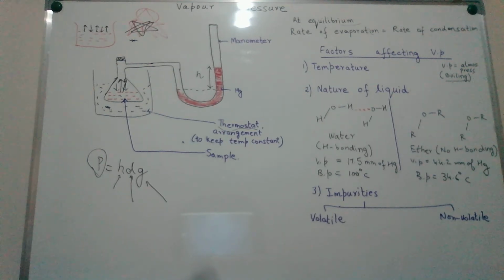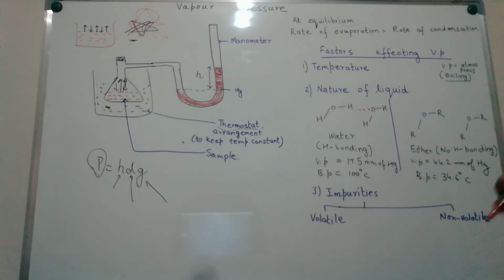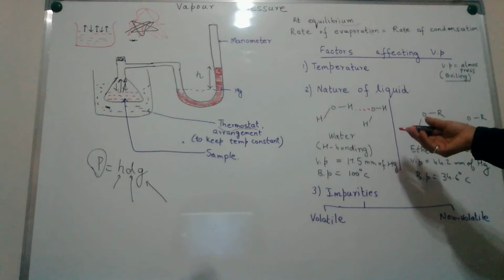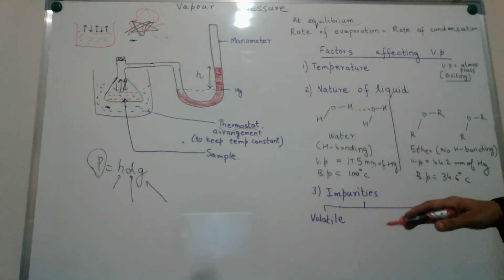Because of this hydrogen bond, the water molecules are very closely knit with each other. They are closely attached to each other. So if you ask them to separate, you will have to apply a lot of energy or a lot of heat. In other words, the particles of water will not escape easily. In other words, the vapor pressure of water will be lowered.